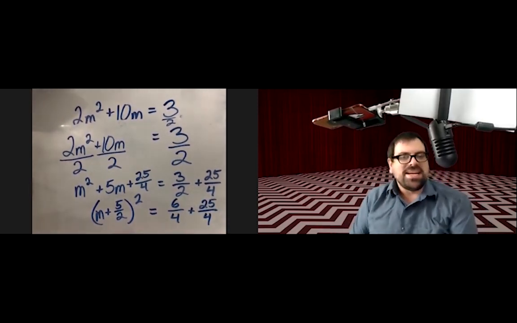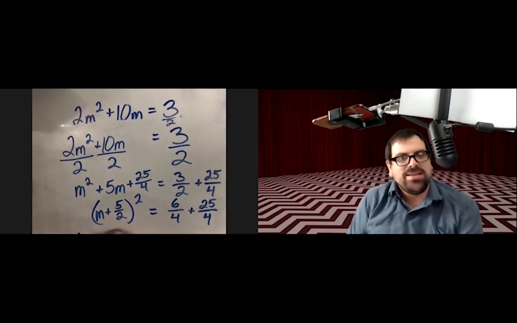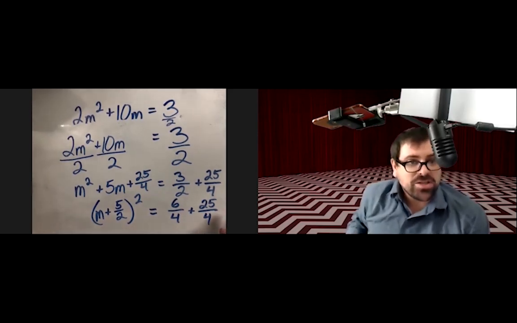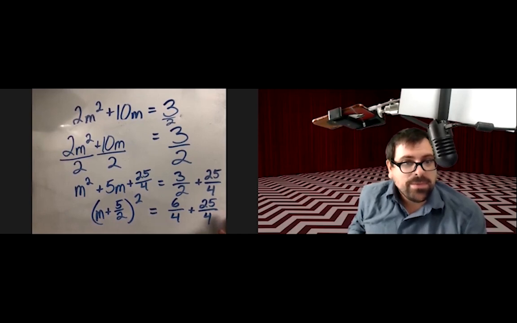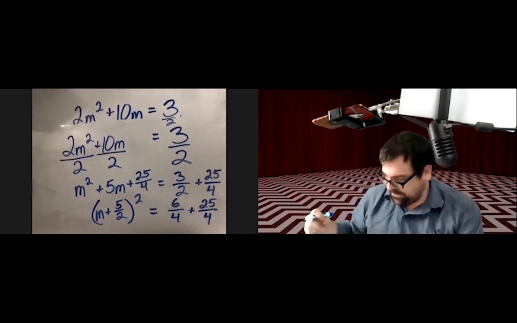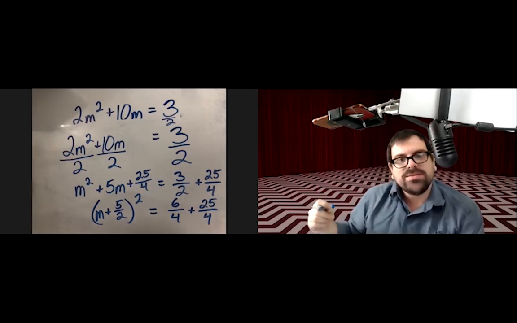You're starting to see why we did the things that we did at the beginning. Why we have to know how to add fractions by hand. Because they're mini steps in larger problems. This is not foundations of algebra.